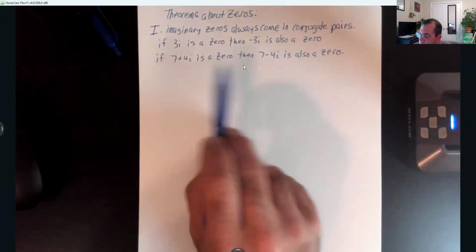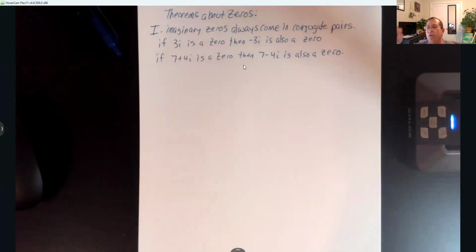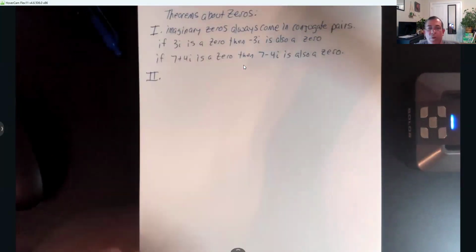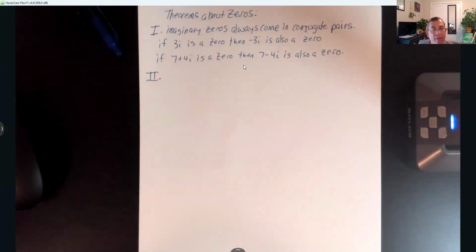Because remember, you get the 4i and the negative 4i stuff from doing the square root. And the square root always has a plus and minus on it. So imaginary zeros always come in conjugate pairs. Well, y'all, that means guess what?